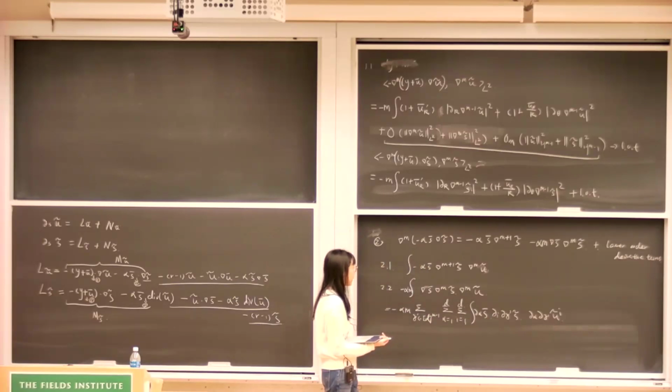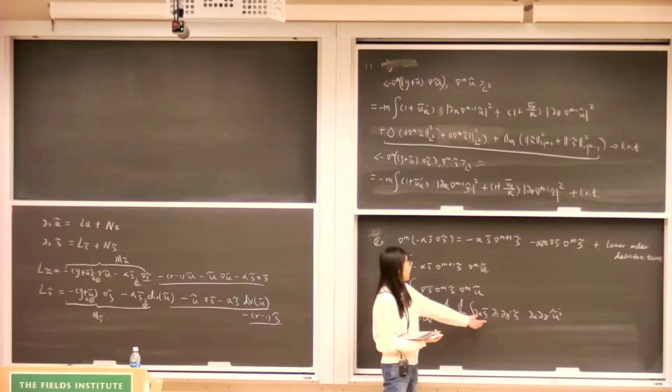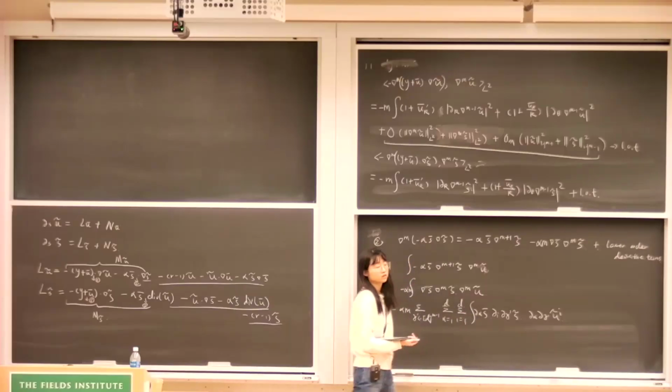So now how do you combine them together? So I still use the fact that this S bar is radially symmetric.